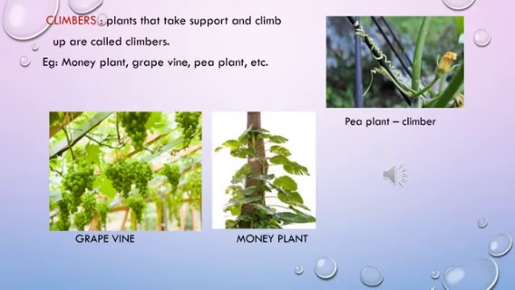These climbers have soft stem which take any support and climb up. Example is money plant, grapevine, pea plant, etc. So what is the difference between a creeper and a climber? Creepers grow horizontally along the soil, while climbers take the support of the neighboring or the nearby objects and climb up.